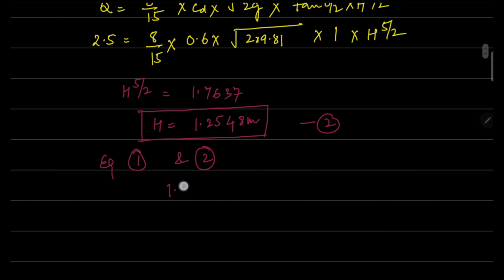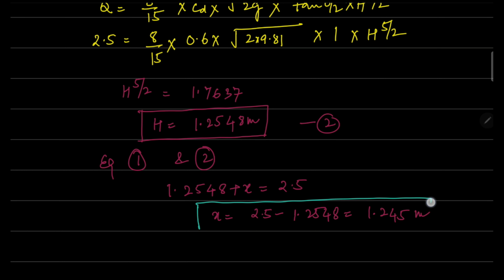So 1.2548 plus x should be 2.5, so x is 2.5 minus 1.2548, which comes out to be 1.245 meter. This is our answer, the position of the apex of the notch from the bed of the channel.